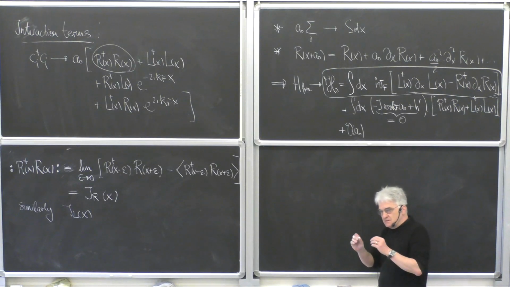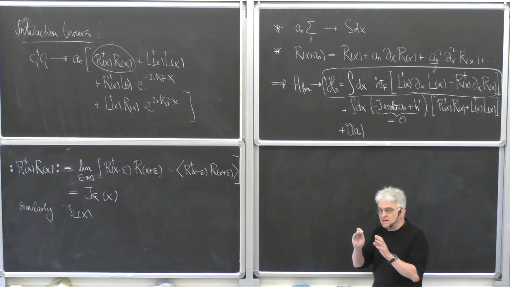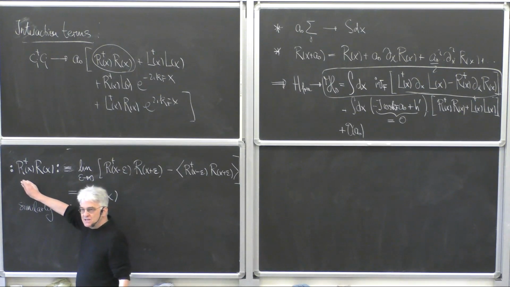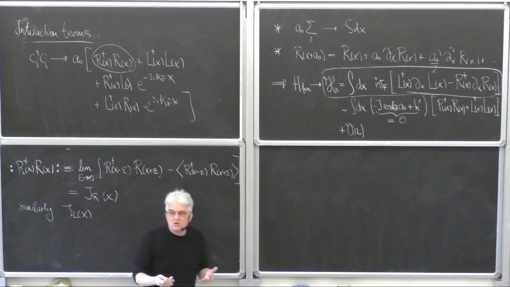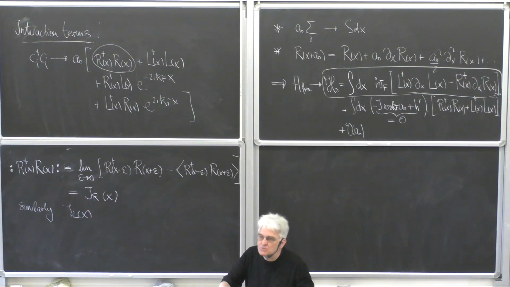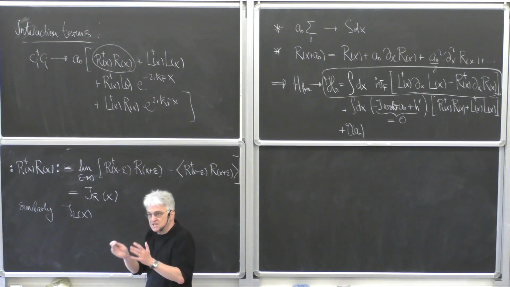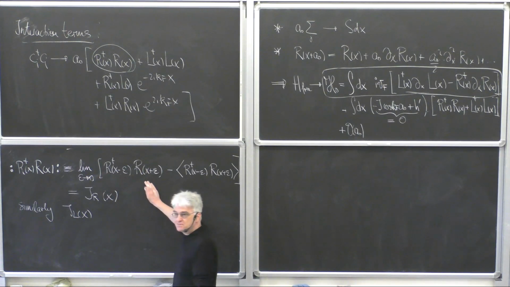Whenever I get products of operators at the same space point, like always in quantum field theory, I have to define what I mean by that object. The standard procedure for dealing with such an operator product is point splitting.